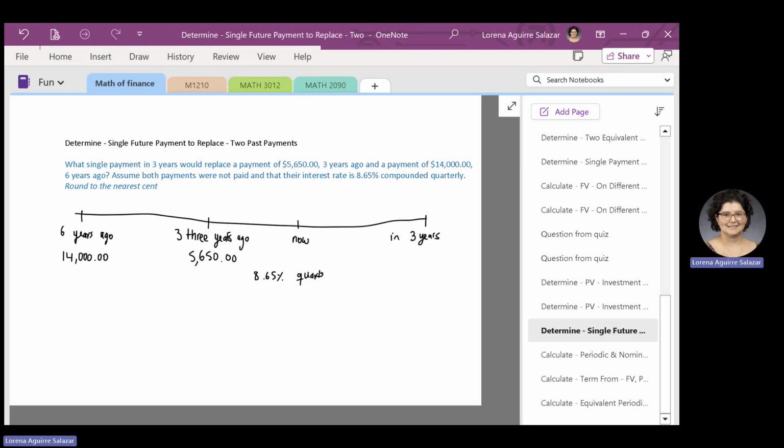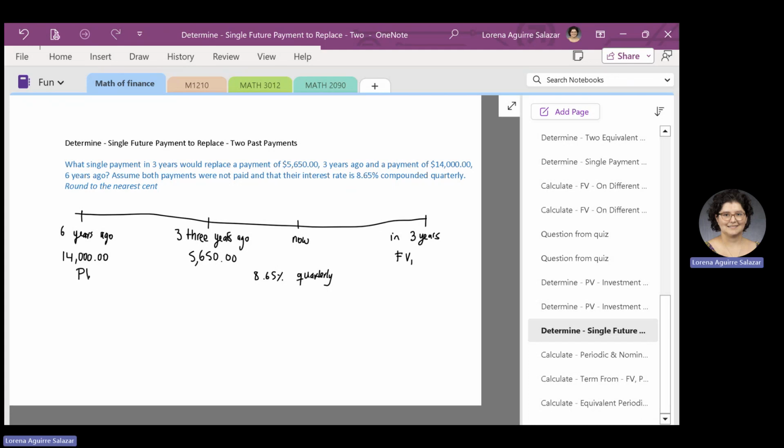To determine the single payment that would settle those amounts, we want to know the value of those amounts in 3 years. So we need to know the future value of those $14,000. This is a past value, but let's just call it present value 1.